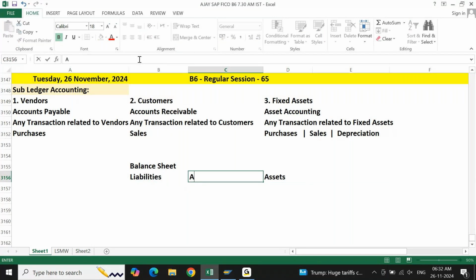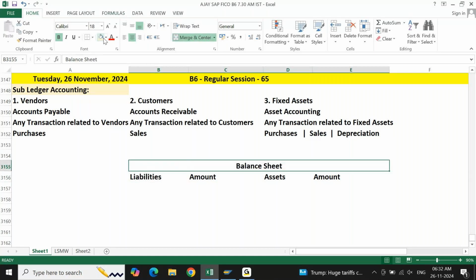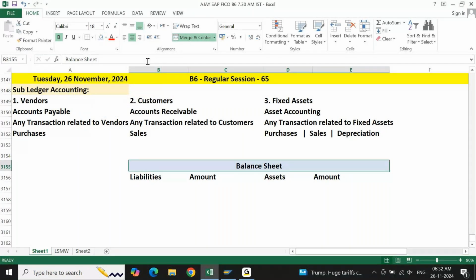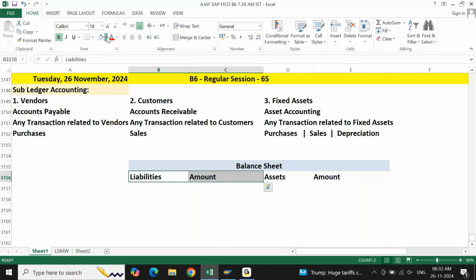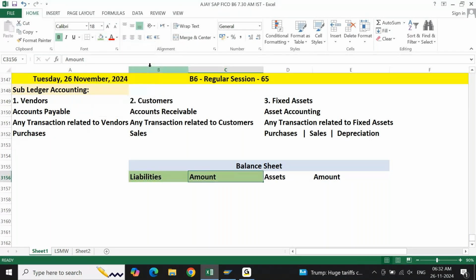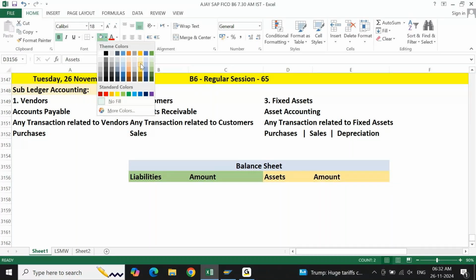Liabilities, amount, assets, amount, and let me put this here. These are your assets, these are your liabilities.